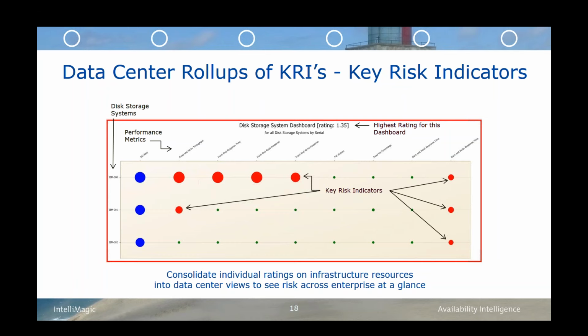We call them key risk indicators. There's a number of different measurements we'll look at and we'll assess and rate. And if everything is in an acceptable risk level, then it'll be small and green. It will turn yellow and then bigger yellow and then small red and bigger red based on the nature of the violation.